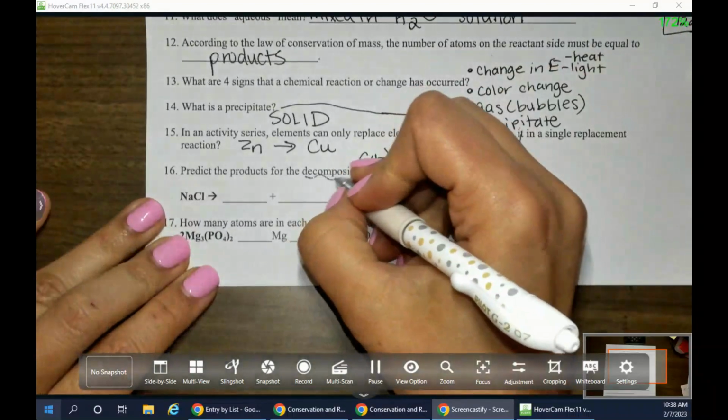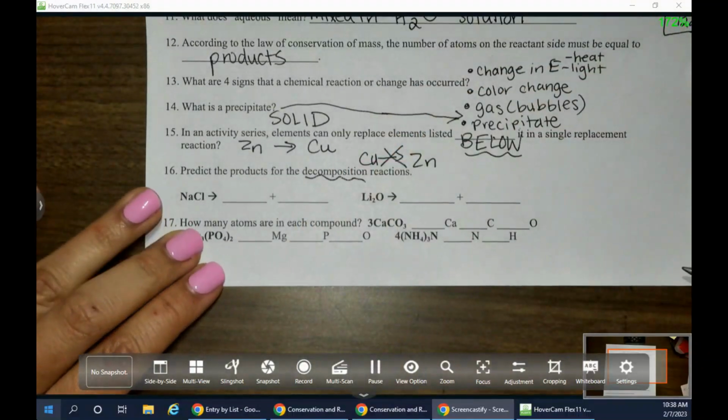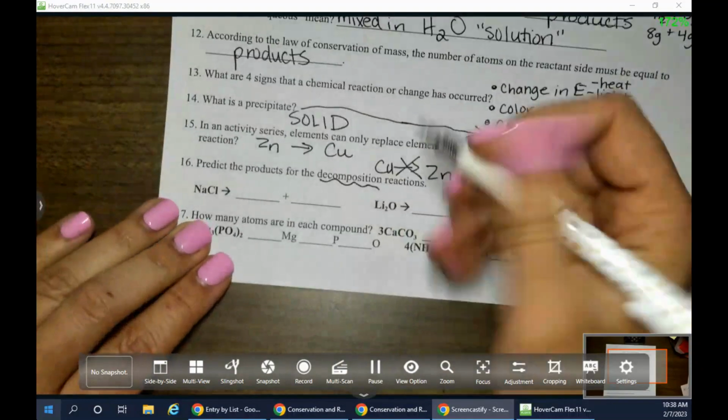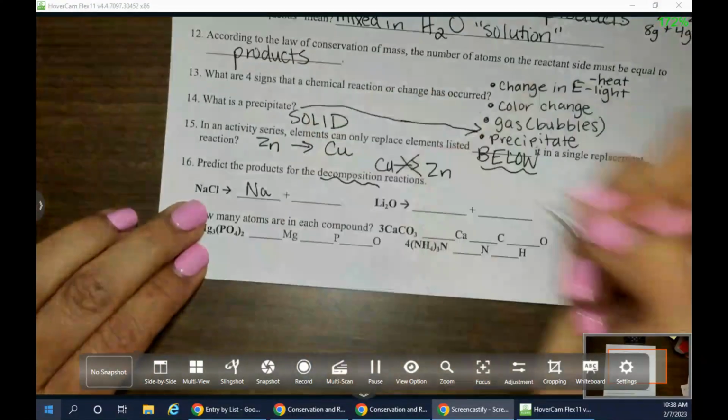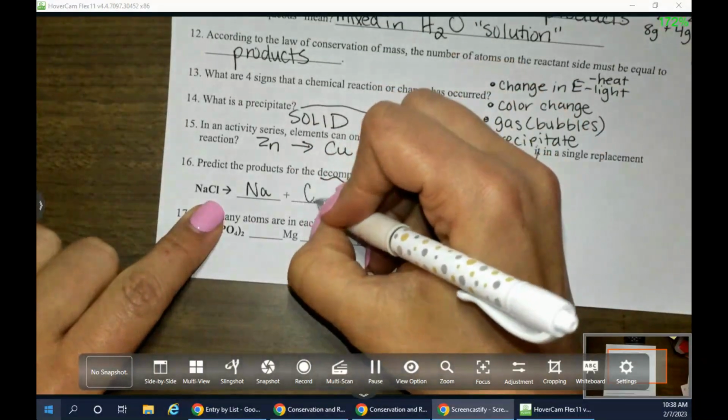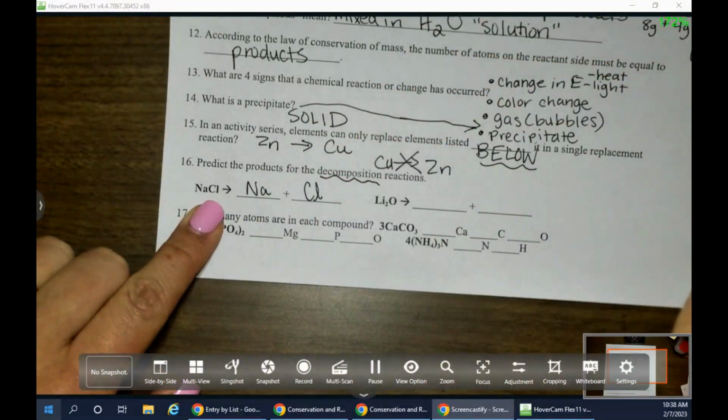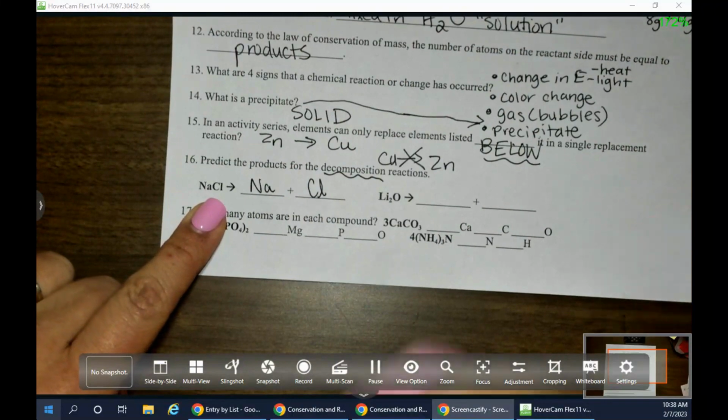So decomposition. What was that one known as? The breakup. Exactly. So we're going to go ahead and split this up. So I have sodium. And then I would have chlorine. What do I have to remember about chlorine? Look at where it's at on the periodic table.